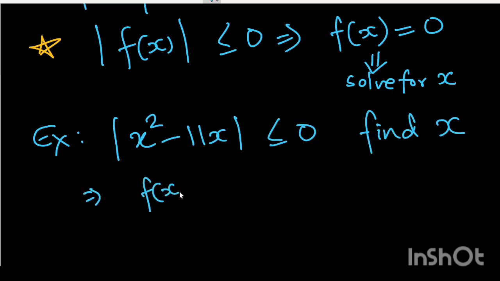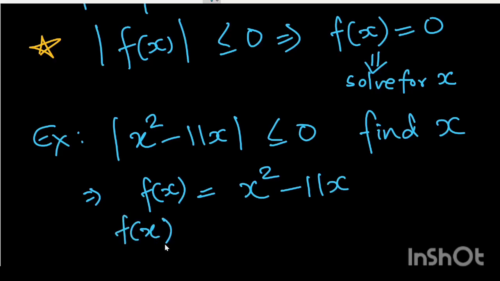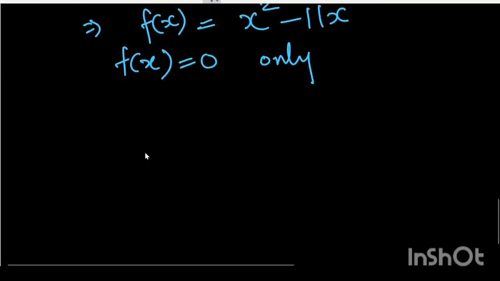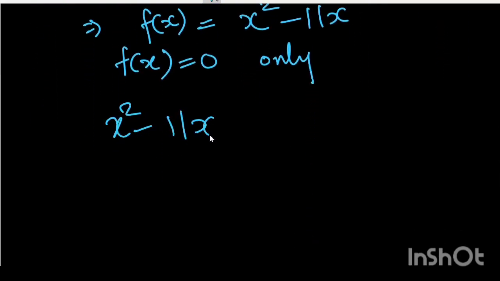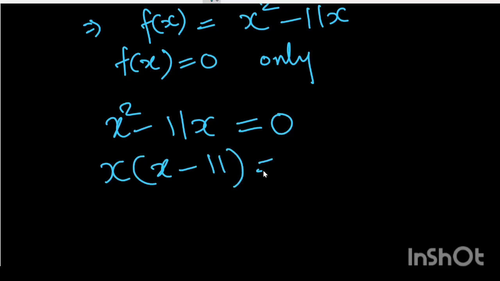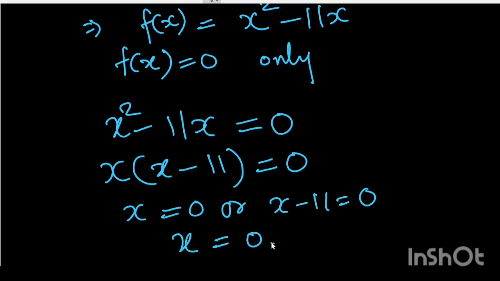Clearly here f(x) is x square minus 11x, so f(x) equals 0 is the only possibility. Taking x common, we get either x equals 0 or x minus 11 equals 0. So there are two solutions, 0 and 11.